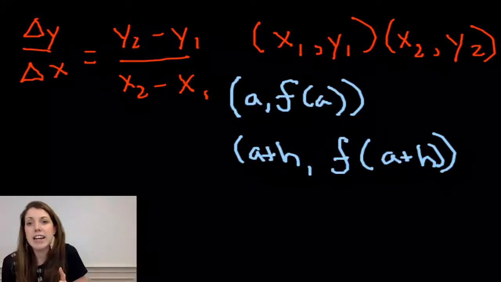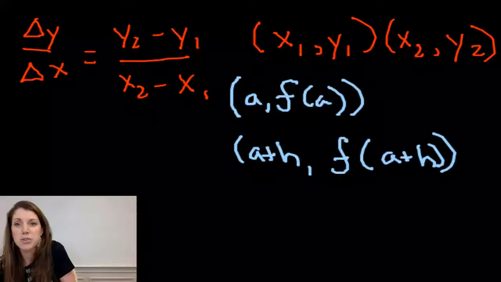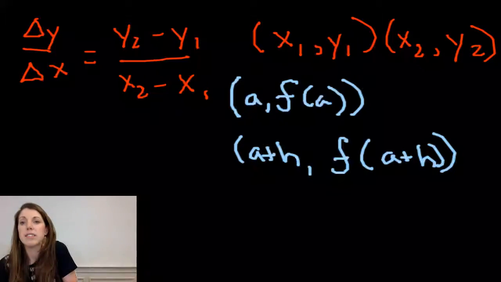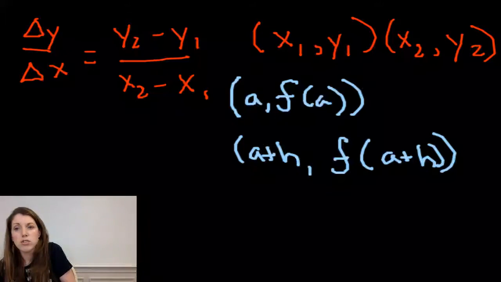Now, if I were to write that into a formula, y1 would be f of a, y2 would be f of a plus h, x1 is going to be a, and x2 is going to be a plus h. And I'm going to have to do it out.